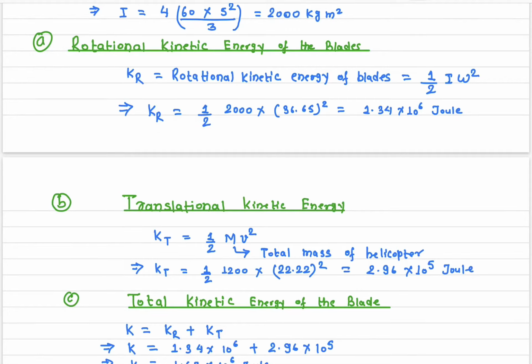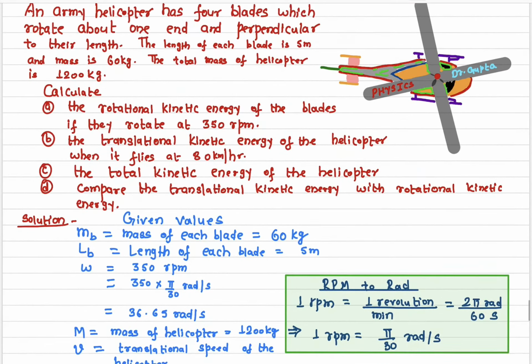Let me ask you a question now. Here we have taken the moment of inertia of the blades. We did not calculate the moment of inertia of the rest of the helicopter. We just calculated the moment of inertia of each blade. Why?